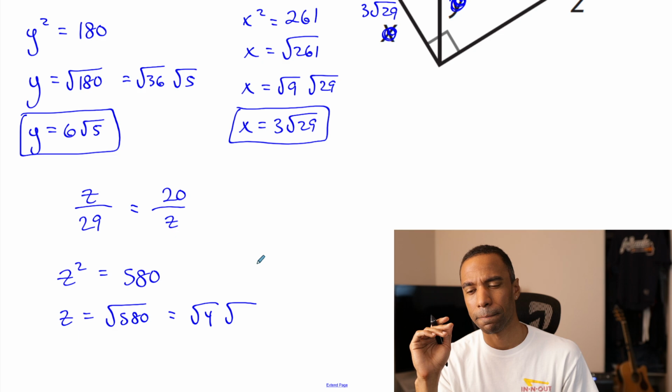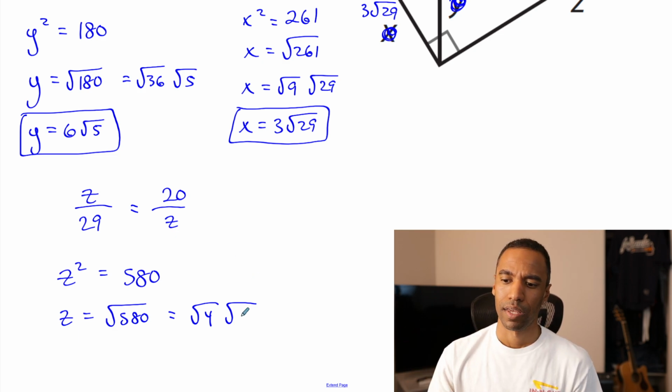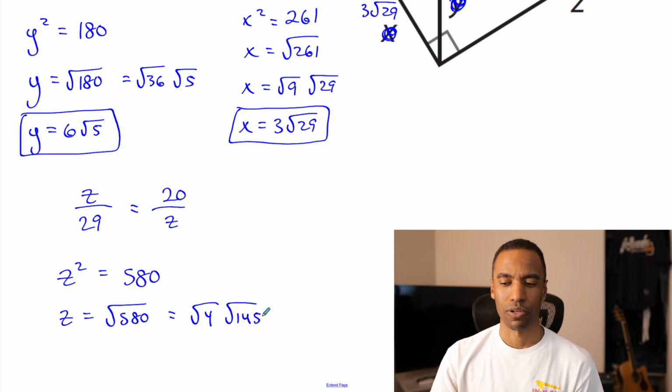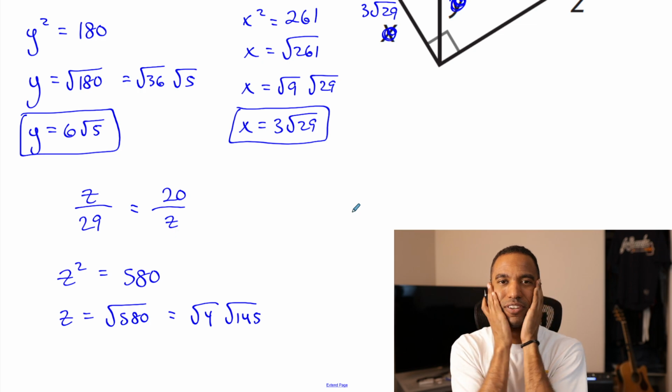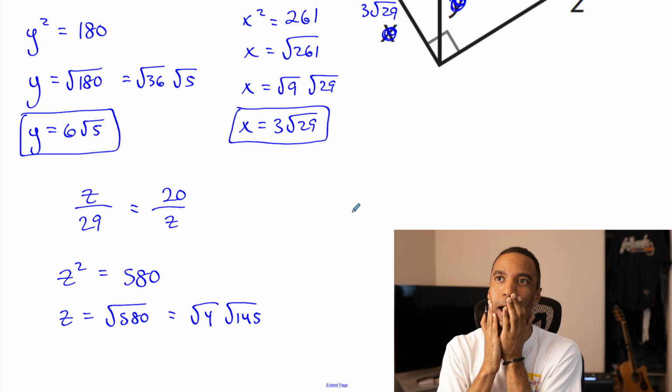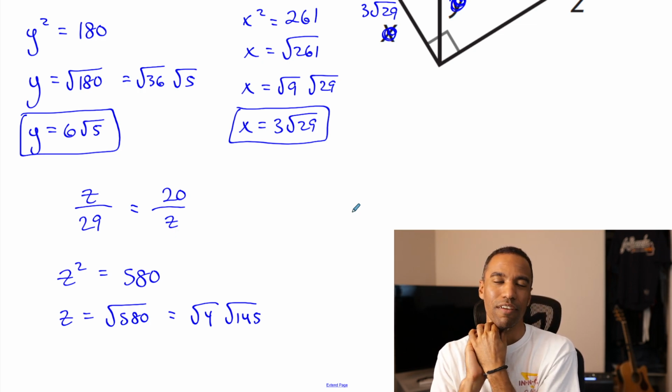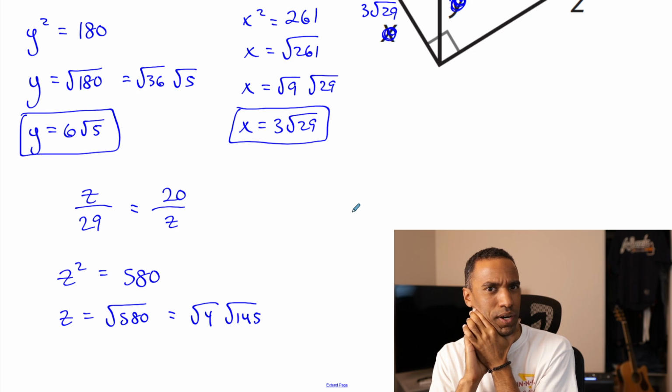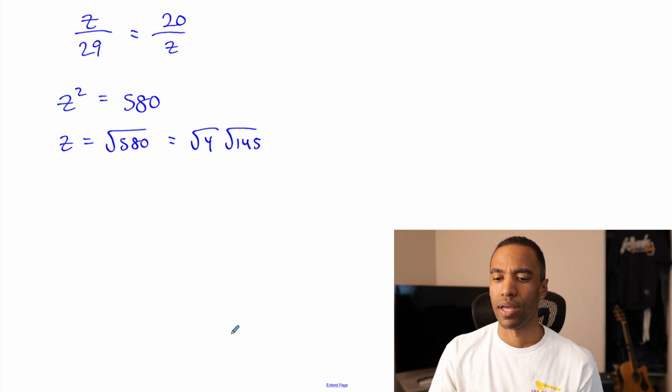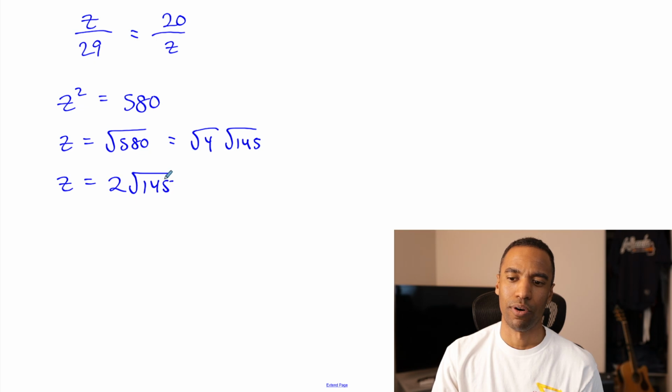Is that right? Yeah, I get 145. I still don't know if 145 is a perfect square factor. Can I use 9? No. 145 divides by 5 and you get 29. No, yeah, that's it. So that's going to be 2 root 145.